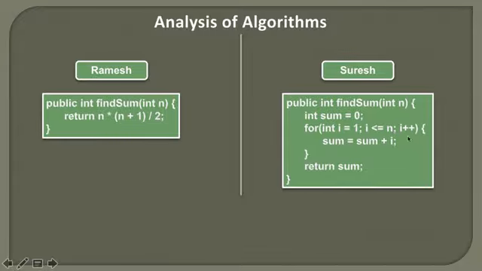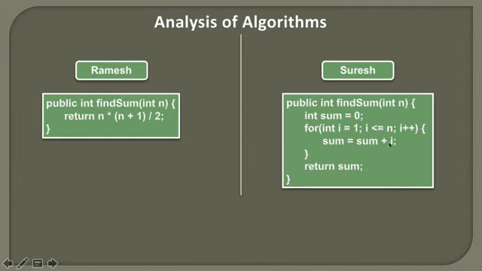And once the loop body gets executed, we simply increment i by 1. So let's say we input the value of n as 5, so the starting sum will be 0. When this for loop starts execution, i becomes 1 and we check whether 1 is less than or equal to 5. It is.